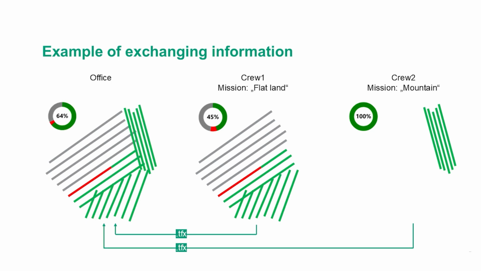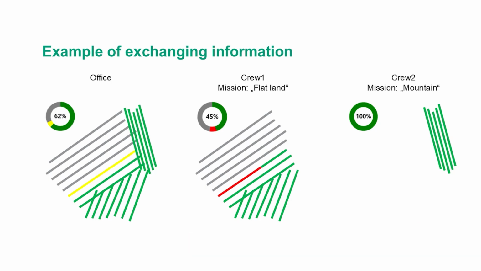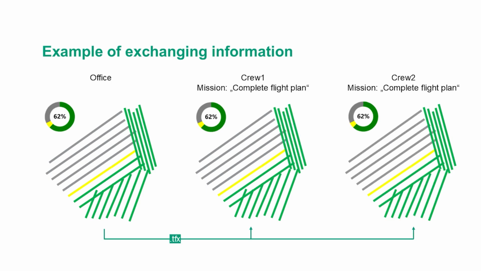So in the evening, they both sent their TFX files to the back office, and now the operator in the office is aware of all those changes. It sees that a flight was not completely mapped and can mark the entire line to be reflown the next day. The back office will create its own TFX file and loads them back to the aircrafts.